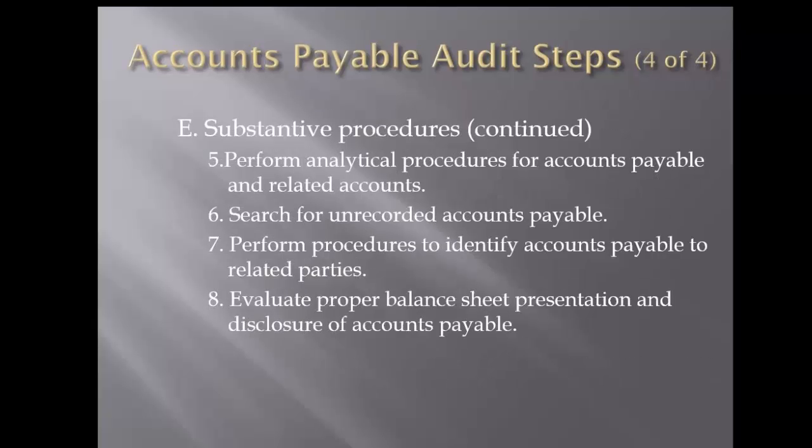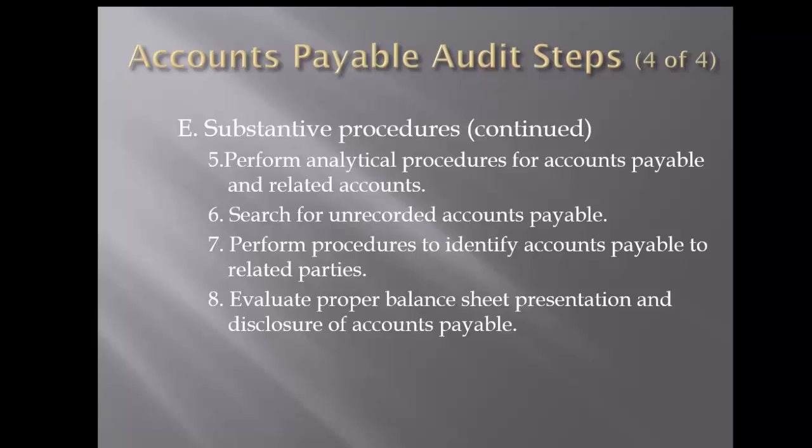The final item is we're looking at analytical procedures. We're searching for unrecorded accounts payable. Maybe we're looking for items that were paid, but with no direct correspondence to where this is coming from. Perform procedures to identify accounts payable to related parties. Related party transactions obviously are going to be excluded in the consolidated financial statements.